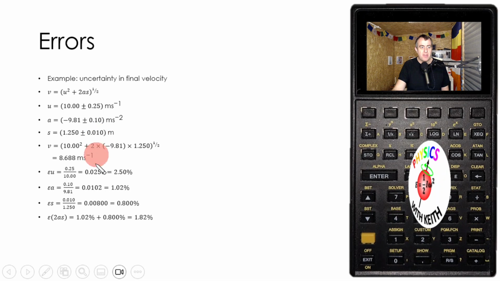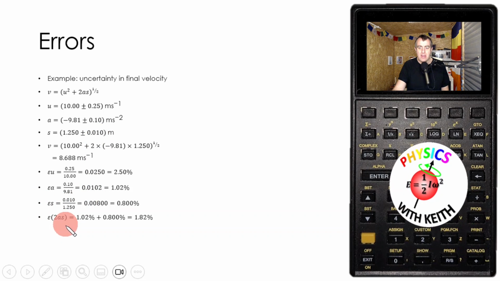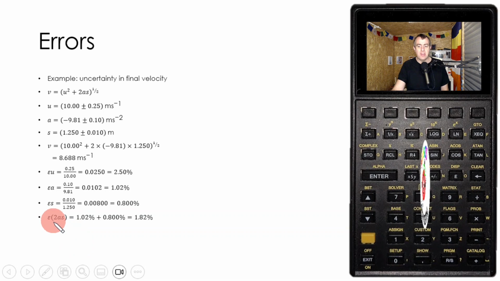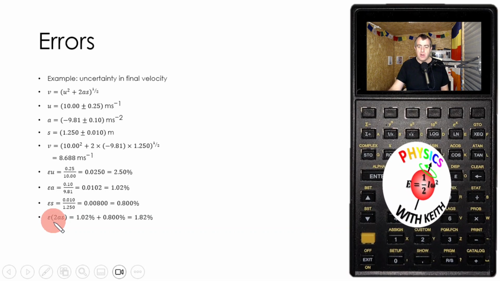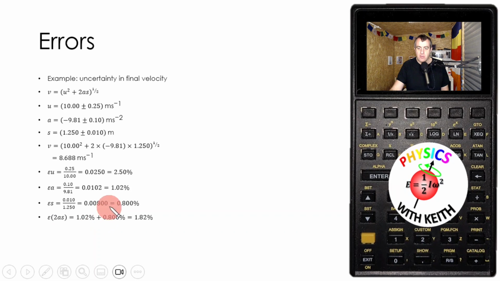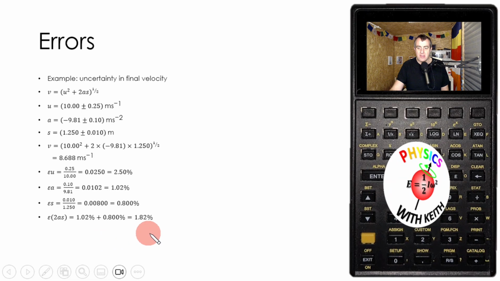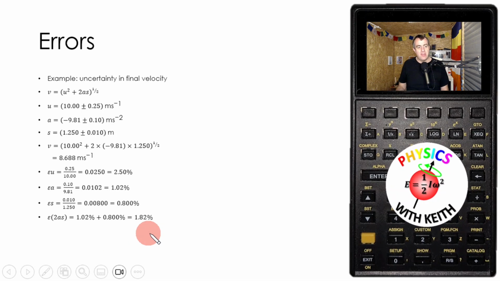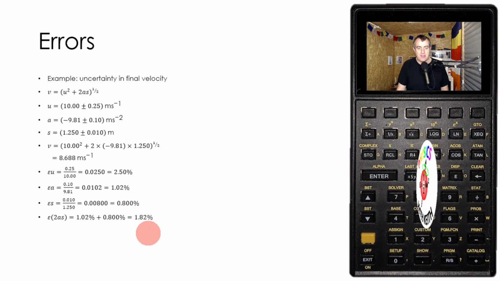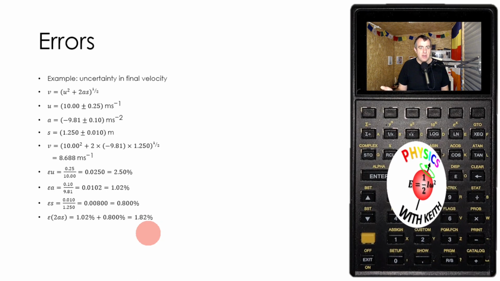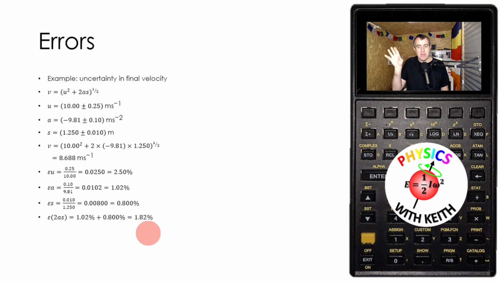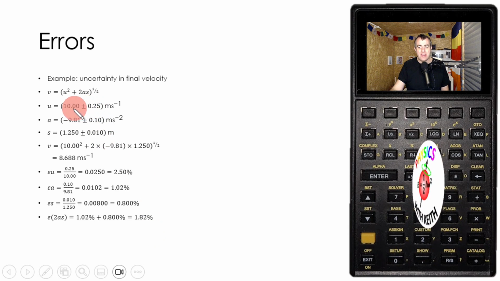So the percentage uncertainty in 2as is going to be the percentage uncertainty in 2, which is 0, plus the percentage uncertainty in a, plus the percentage uncertainty in s. So we now have the percentage uncertainty in 2as. Well, that's fine, but 2as is being added to u squared in this equation.